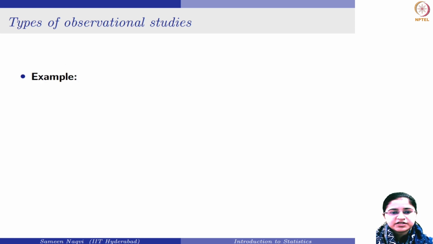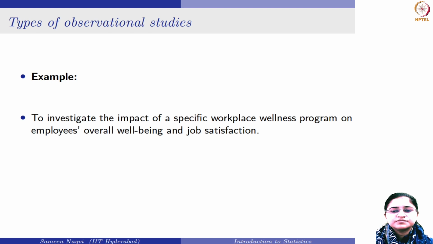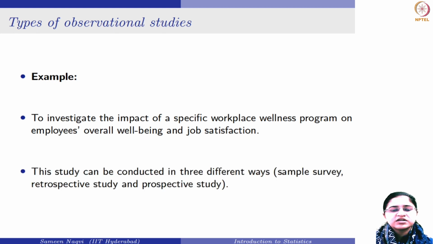So let us consider an example over here. A company has introduced a workplace wellness program, and it now wants to conclude whether there is an impact of this wellness program on employees' overall well-being and job satisfaction or not. In order to do that, they can consider the study in 3 different ways.